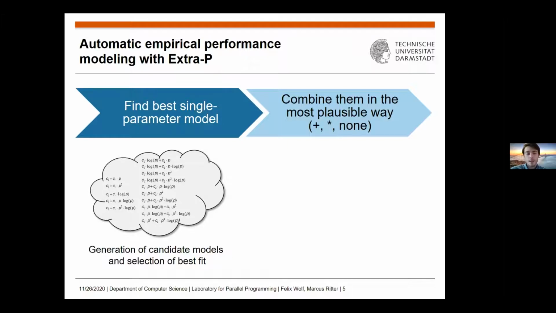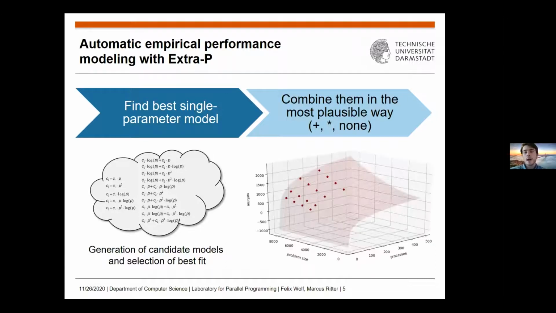Then we construct function hypotheses with some constants and our parameter. We use different types of polynomials and logarithms, and also combinations of them, as you can see here. Then we try all of these hypotheses and see which one fits our data best. That's in the end our best performance model.